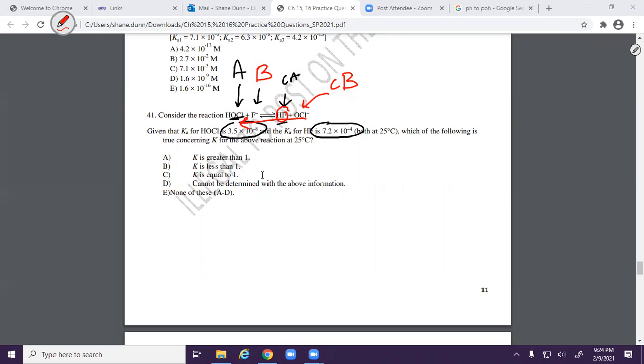That's the best way of thinking about it. It wants to react and not exist. So if I'm thinking about the K value for this equation, and I'm given the Ka value, the product Ka value is your HF value.